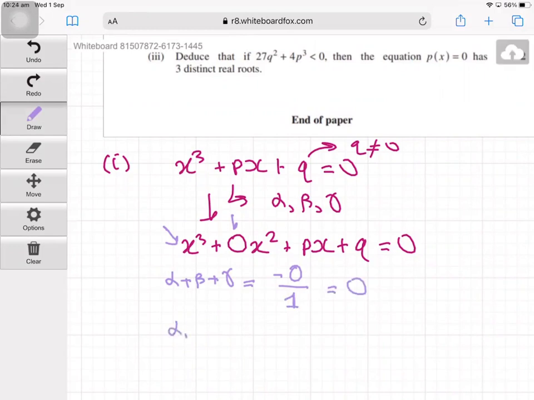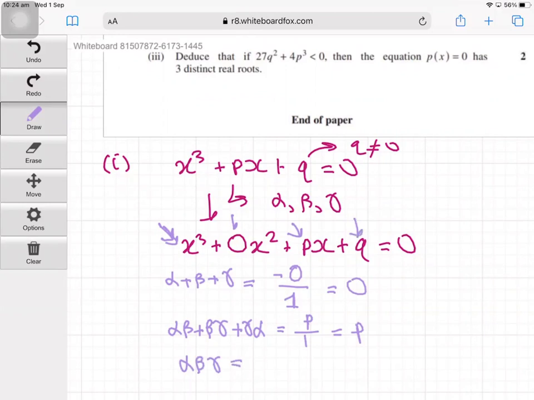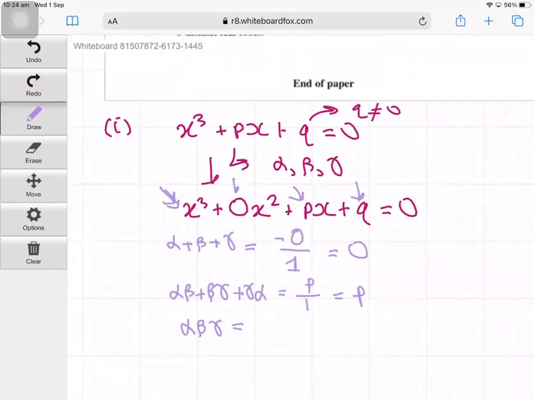And the sum of the products of the pairs of the roots is equal to p divided by 1, leading coefficient again, so p. Product of the roots is equal to negative of the constant term, which is q, divided by 1, so we just have negative q.